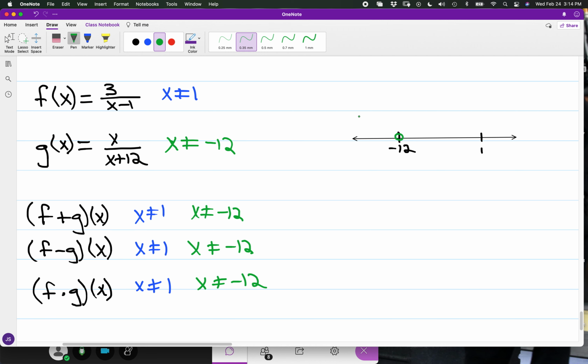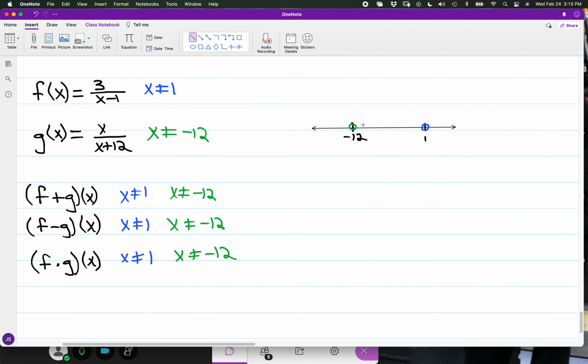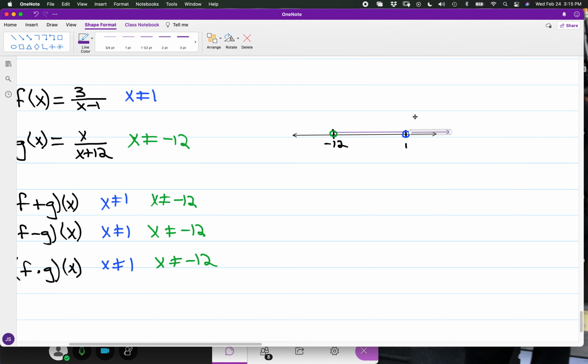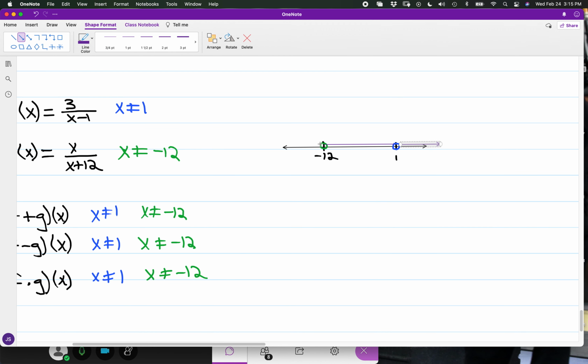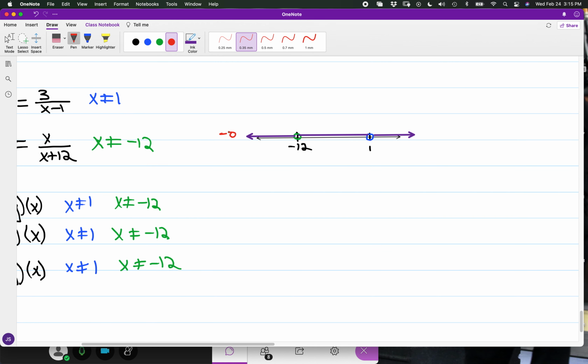So we have negative 12 excluded, and 1 is excluded. For the sum, the difference, and the product functions, you have these two exclusions.